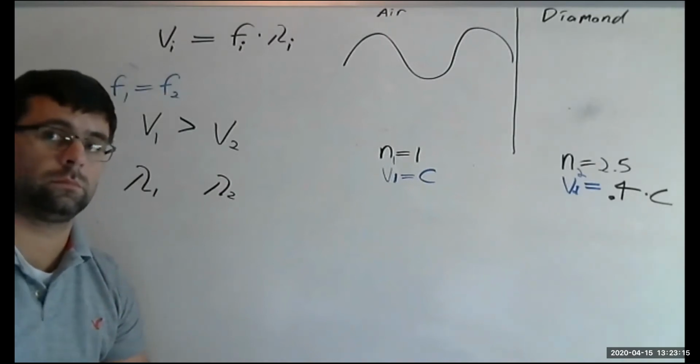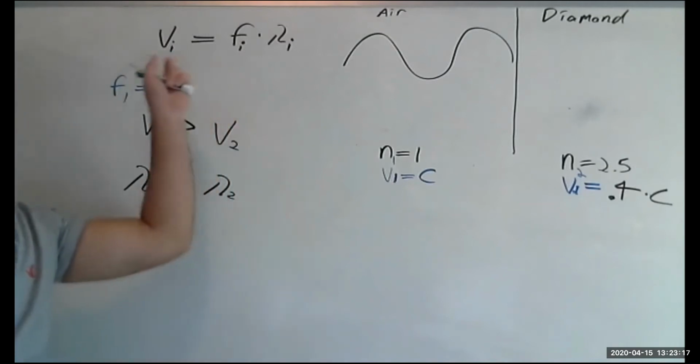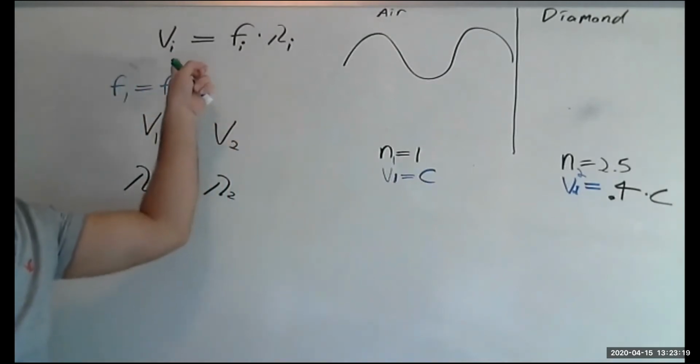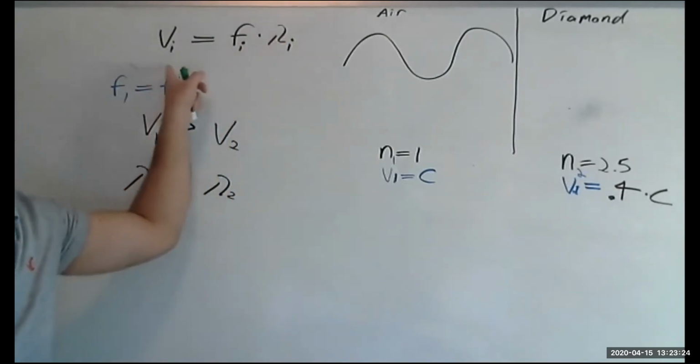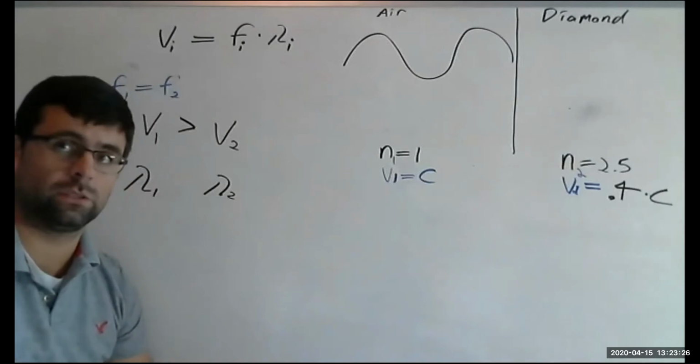The velocity goes from high to low, and the frequency has to stay the same. The speed, the frequency, and the wavelength are all related by this equation.